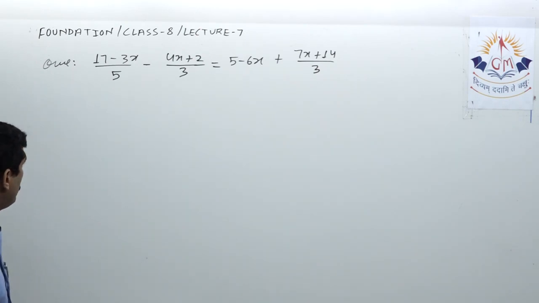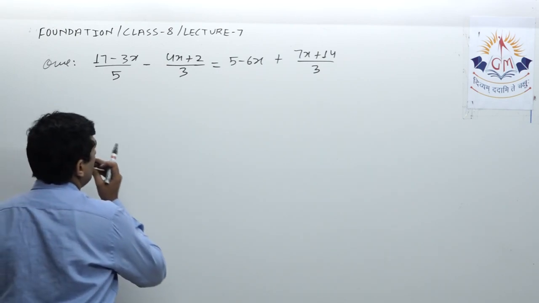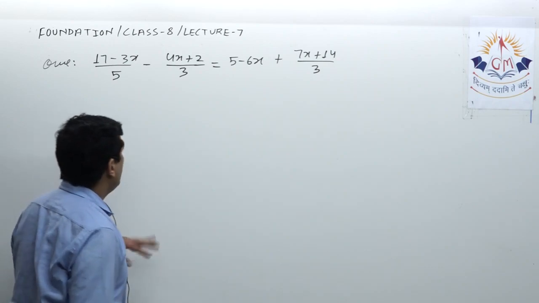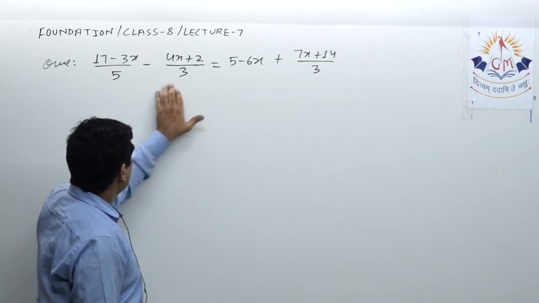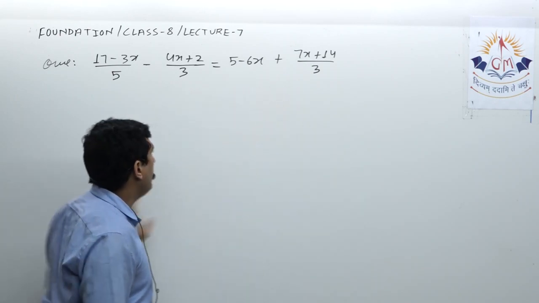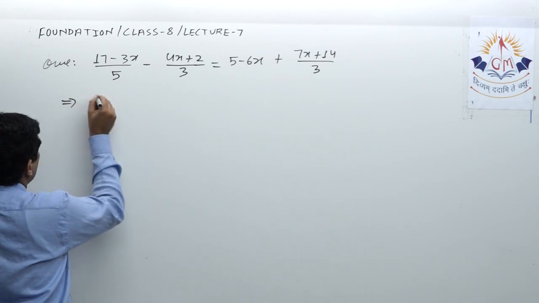Okay, so here again I can start by taking the LCM directly, or I can take these two terms together because their denominator is the same. So I'm doing it that way only.